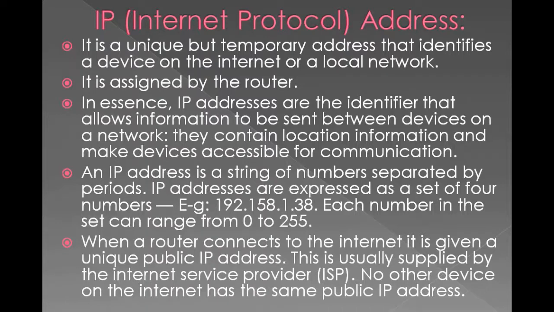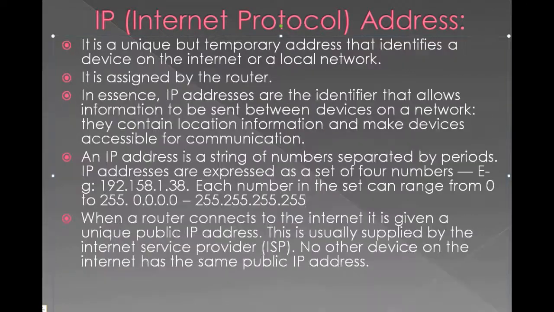For example, 192.158.1.38. Each number in the set can range from 0 to 255. Means IP addresses start from 0.0.0.0 and they can go up to 255.255.255.255. Okay.